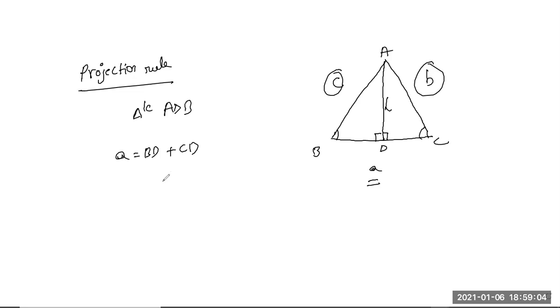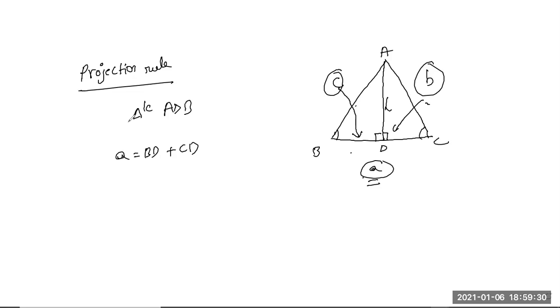The projection rule says you have to find a in terms of c and b. That means you need to project c here and b here and get the answer in terms of c and b. To find that, first you need to find what is BD and what is CD in terms of c and b.